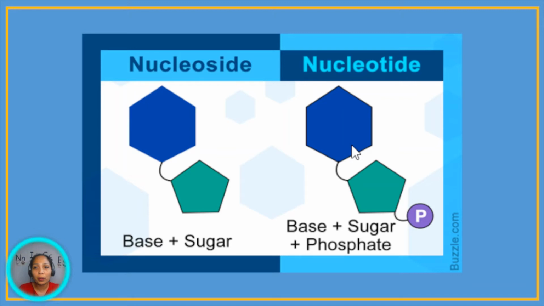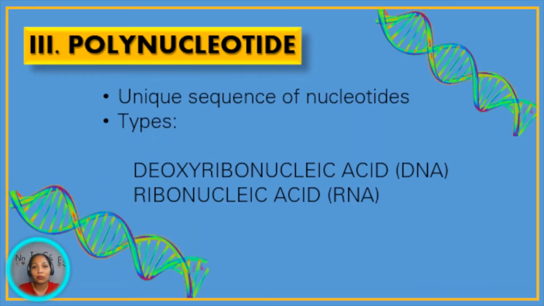These nucleotides are linked together via dehydration synthesis, or condensation reaction, generating a unique sequence of nucleotides. We refer to these as polynucleotides, and the types are the DNA and the RNA.